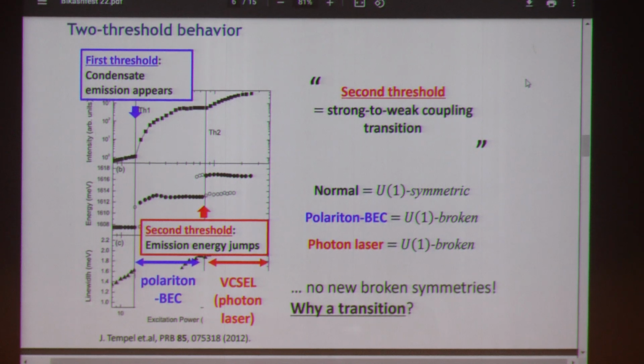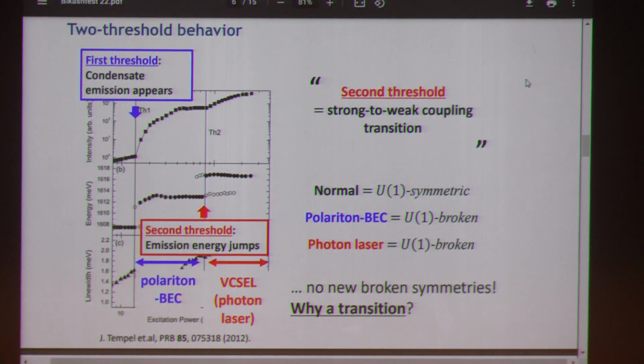The top curve shows the onset at some excitation power where you go from a non-condensed, incoherent emission to a condensate. There's a very sharp kick upwards, a very bright emission peak.